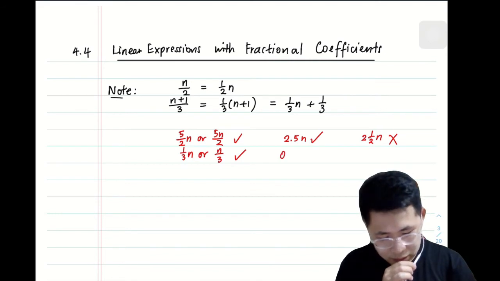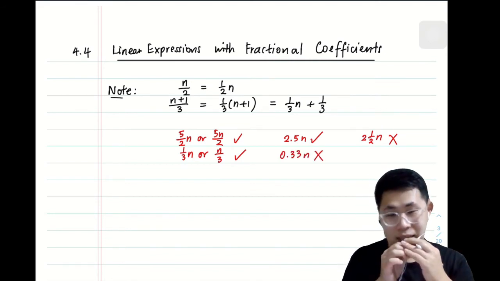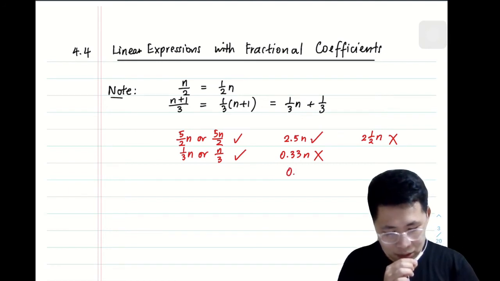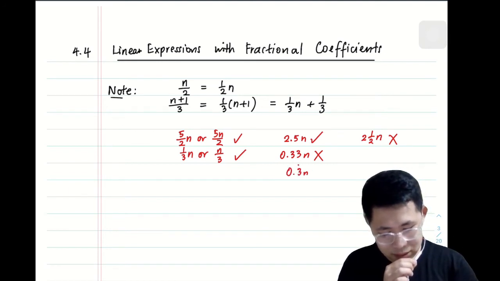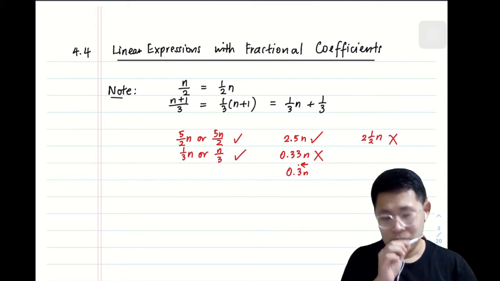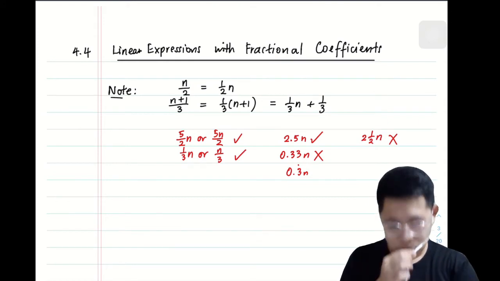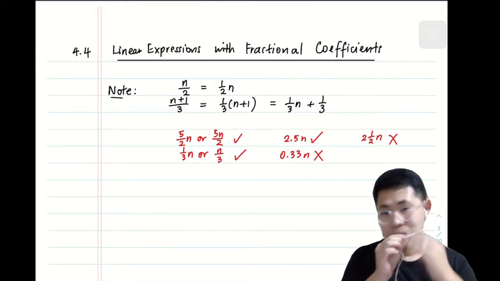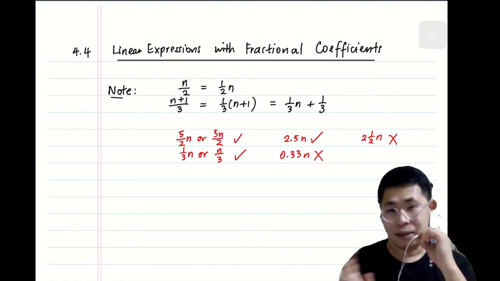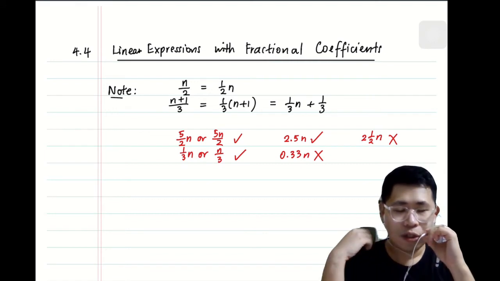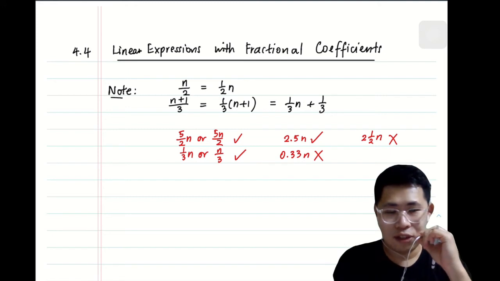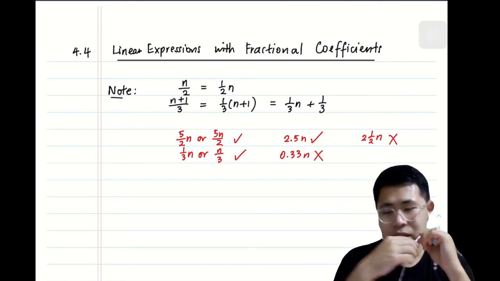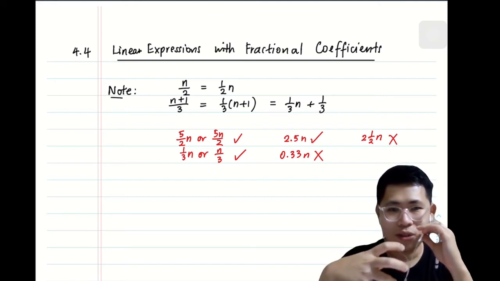That is an incorrect way to write, and using recurring decimal form is not so nice either, so we try to avoid that as well. My general advice is, whenever we do fractions, we stay within the fraction and don't convert to decimal. Whenever we handle algebra, we try to use fractions.